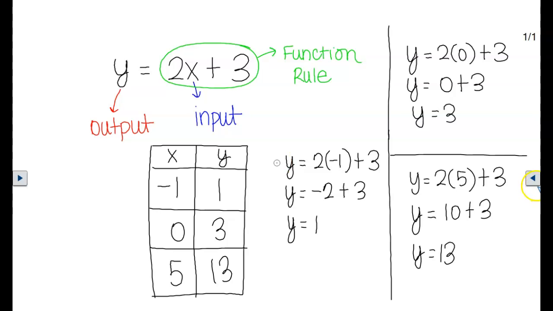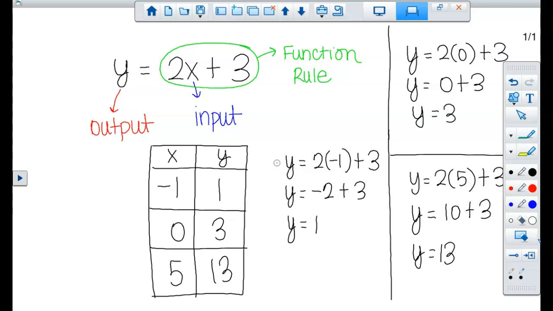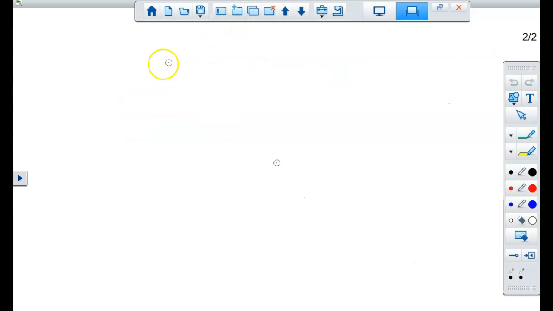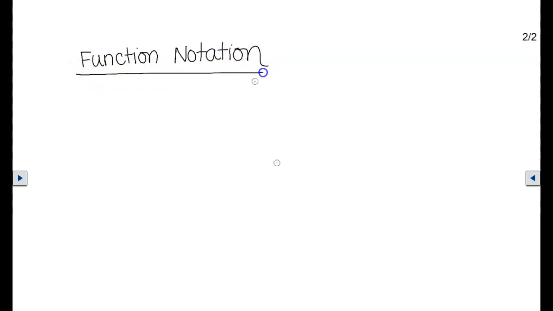Now, what we're going to do today is take this one step further. And we are going to talk about function notation. And the first thing I want you to understand about this is it doesn't change the way we do things.